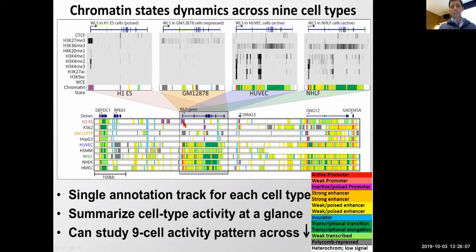That basically tells you that this region is active, with an active promoter, active enhancers, and active transcription marks, in these 5 cell types. It appears to be inactive in the white ones and repressed in the gray one. And then it's in this funny state called a poised chromatin state, which shows both activating marks and repressive marks simultaneously.